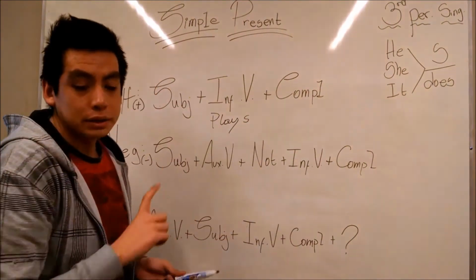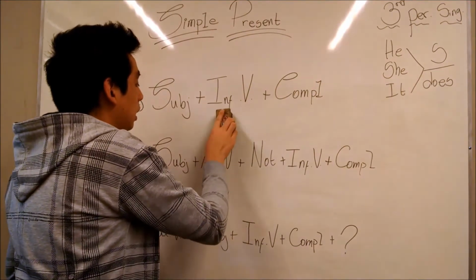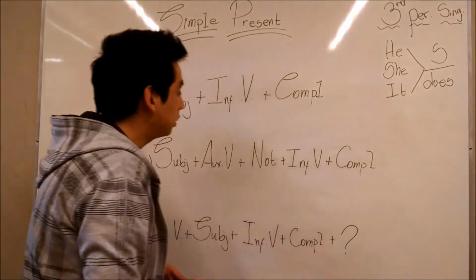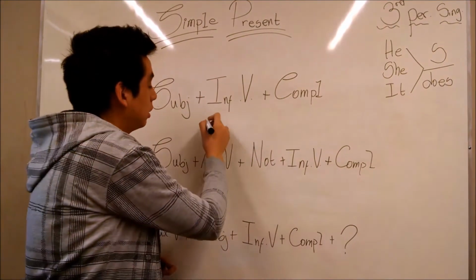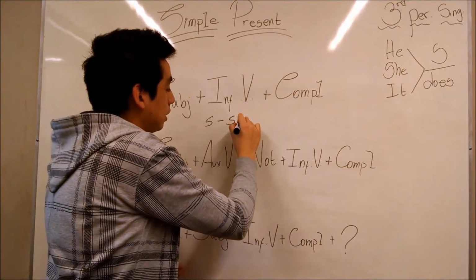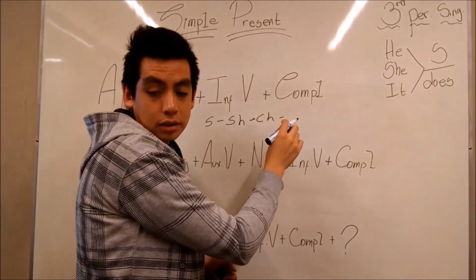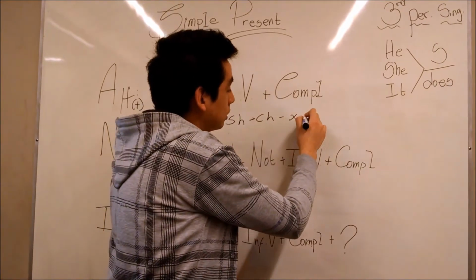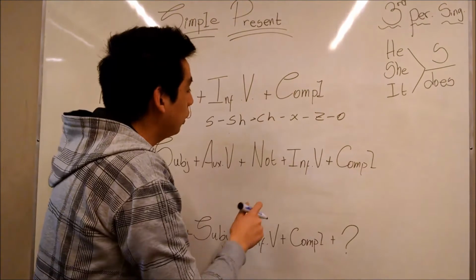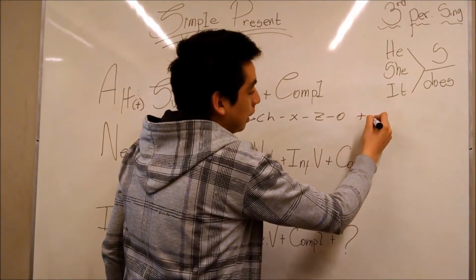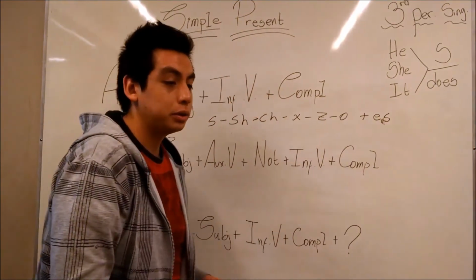Okay? But also, if our verb ends in s, sh, ch, and also in x, z, or o, we have to add es at the end of our verb.